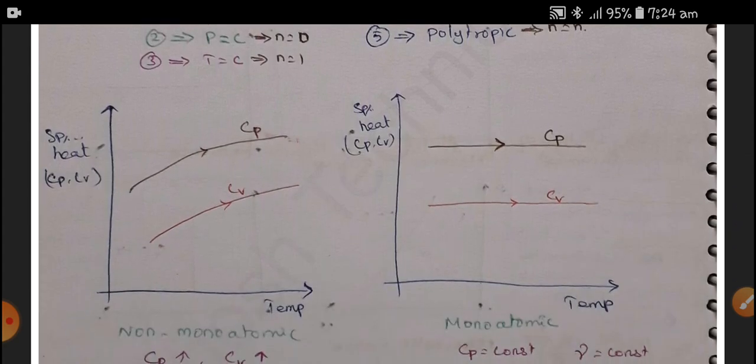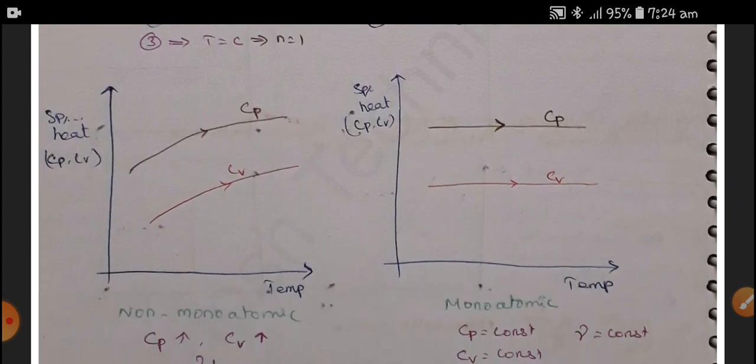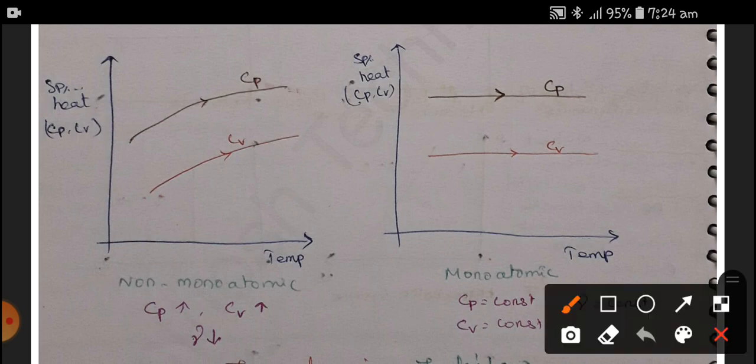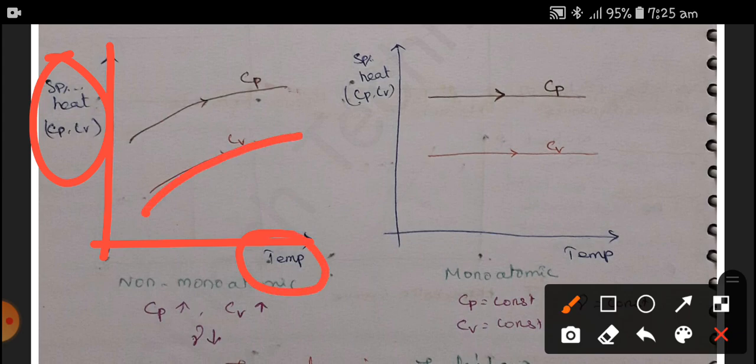This is the Cp and Cv curve for monoatomic and non-monoatomic gases. Here I would like to plot a graph of the specific heats against temperature. According to the temperature, for non-monoatomic gases it is an increasing process. For monoatomic gases, Cp and Cv are constant over temperature.